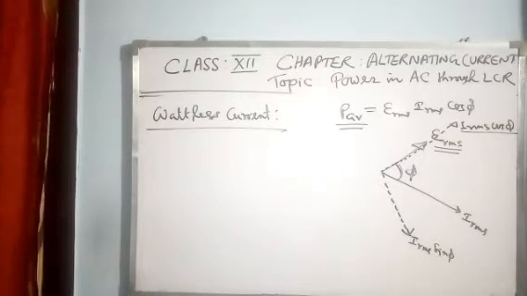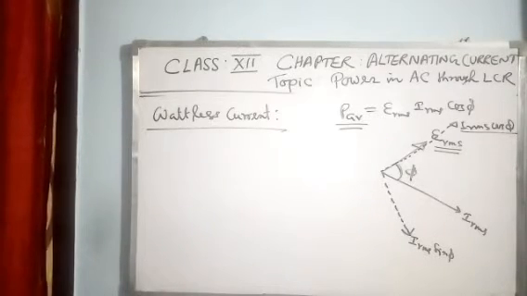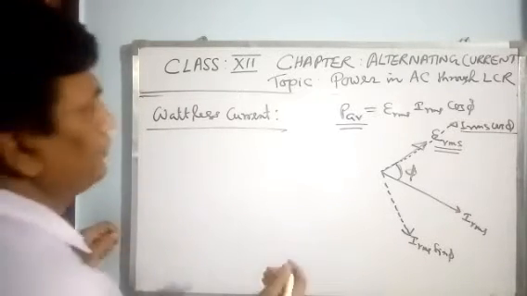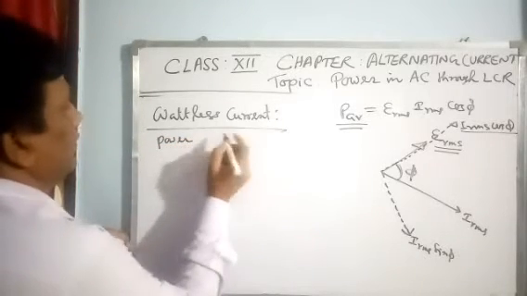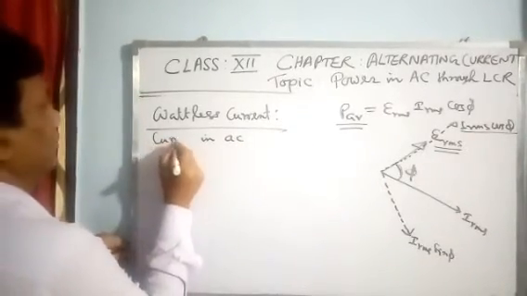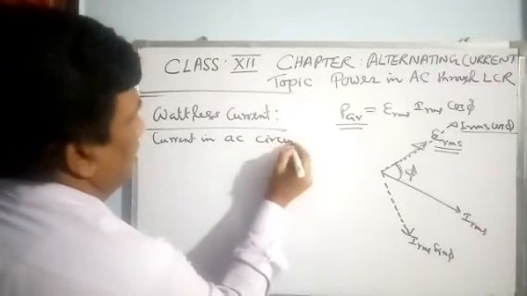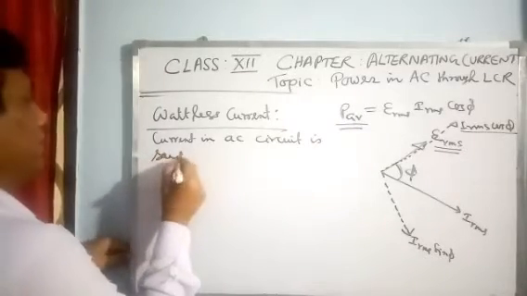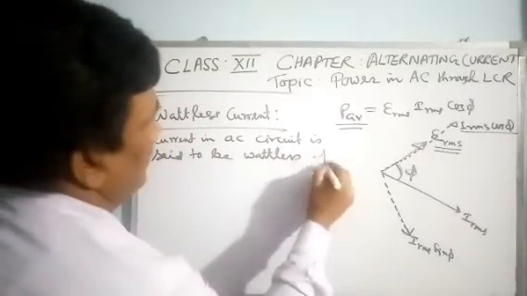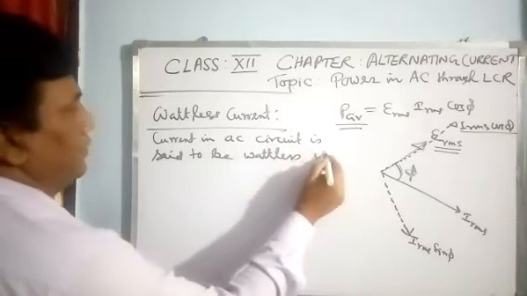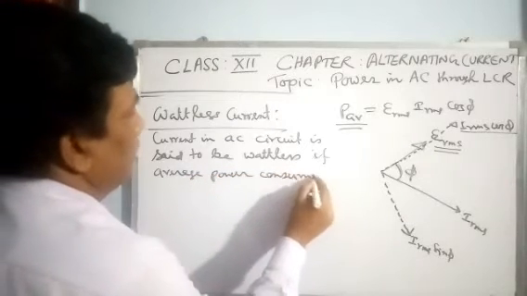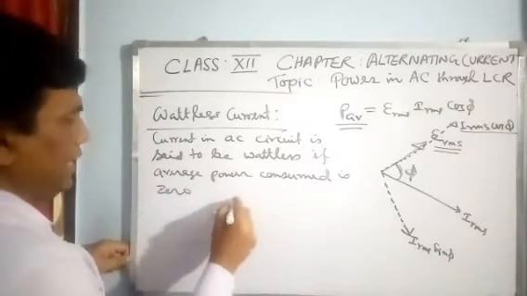The current in an AC circuit is said to be wattless if the average power consumed is 0. Okay, I think I should write one more definition.